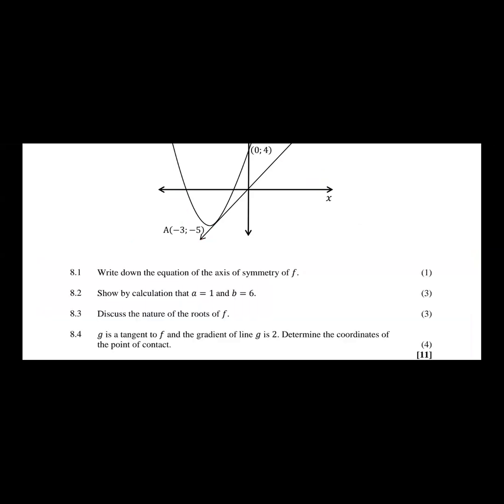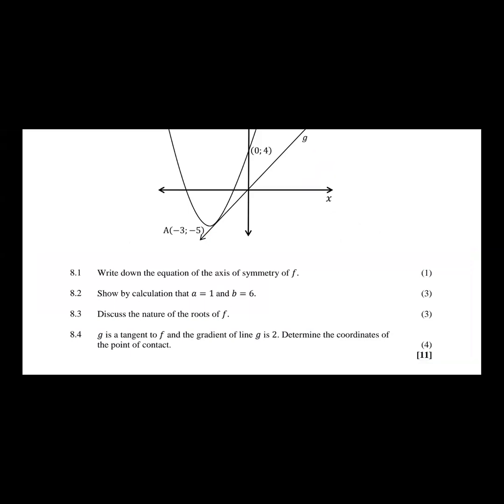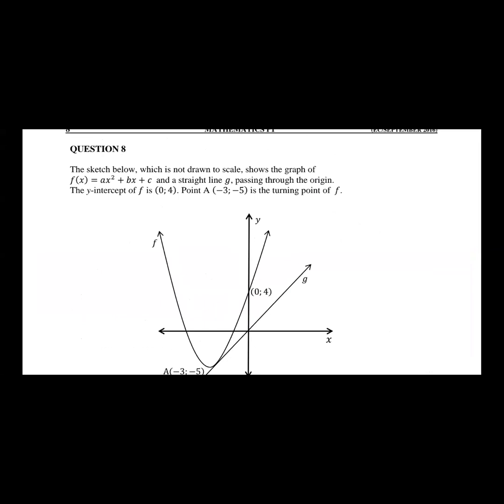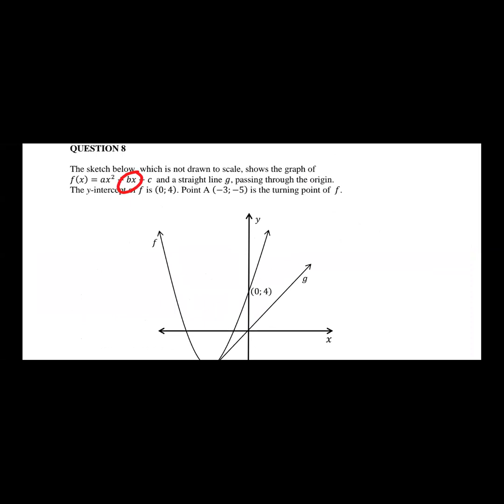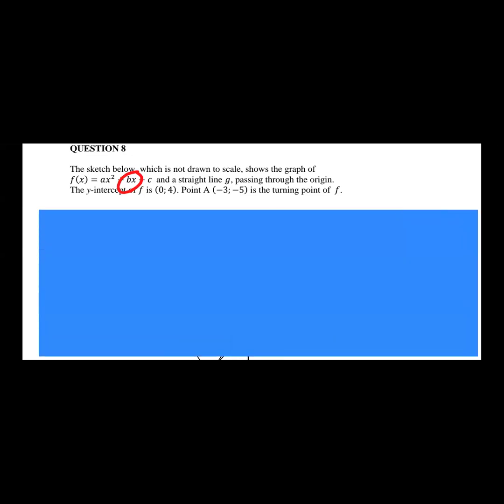So what they wanted was a and b. Remember that b is that letter over there. So what you're going to do, my good learner, is to remember that we now have the equation y equal to, your a is 1, and based on that formula we had (x plus 3) squared minus 5.